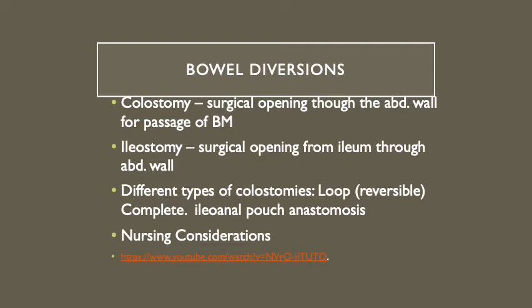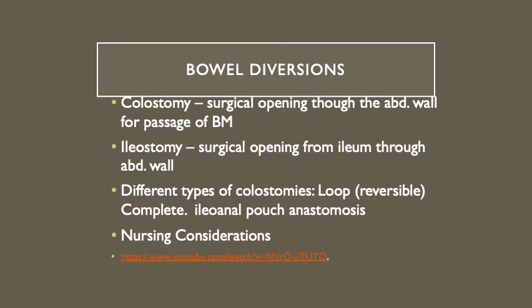Sometimes this is temporary or reversible, and sometimes it may be a permanent diversion. It just depends on the situation, what has to heal before it's hooked back up. And they make surgical ileoanal pouches to try to keep it as normal as possible, where the patient can actually retain stool and not be incontinent.